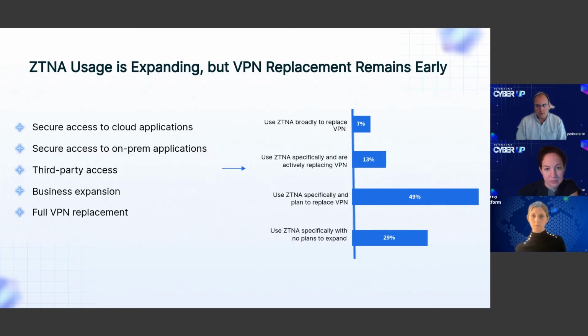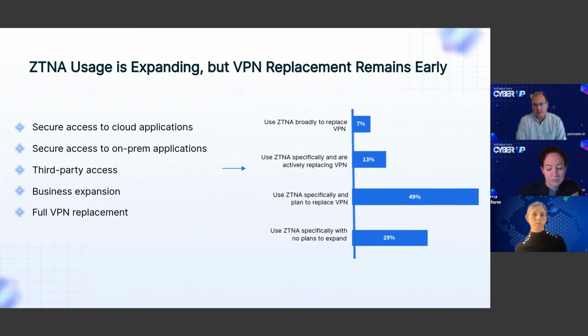So there's a lot of focus on supporting third-party access to internal applications, supporting M&A activity, business expansion, things like that. And we do see a lot of organizations still starting with a use case specific approach, although sometimes it is broader, user or employee access to cloud applications or something like that.